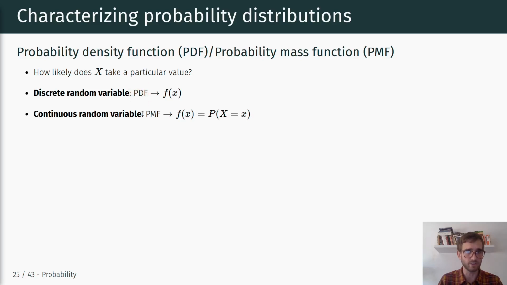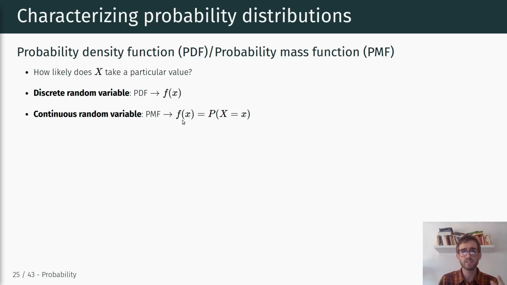Why do we have this difference? The difference is that for discrete random variables, remember, there are discrete events like rolling a die, that could be 1 through any number between 1 and 6 if it's a regular die.